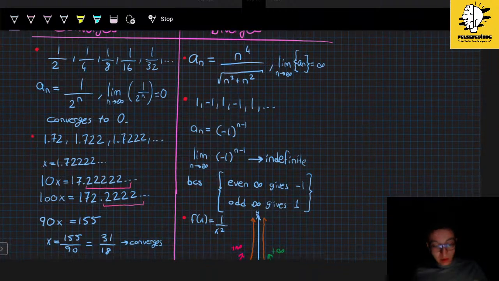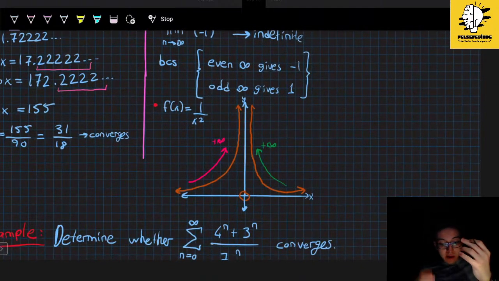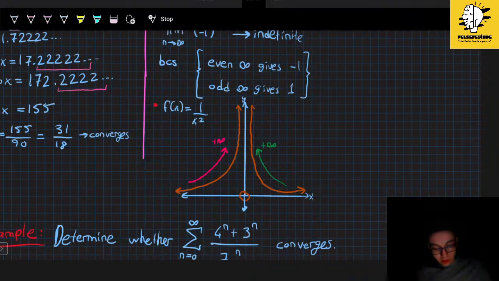Third example, the last example, for you to better understand the concept of diverging with a graph. I have f(x) equal to 1 over x squared. This is the graph, again color coded. Let's approach from the left side.